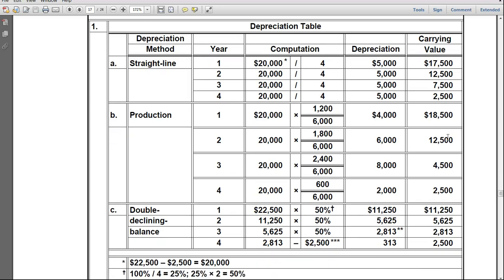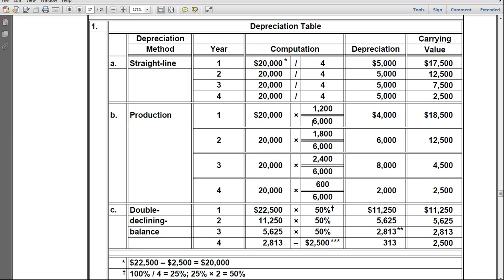Now under the production method, we take our depreciable cost times the number of hours the printer will last divided by the number of hours that it was used in year 1 divided by the total hours that it will last. So this equation is organized a little bit differently than what you've seen in the past.